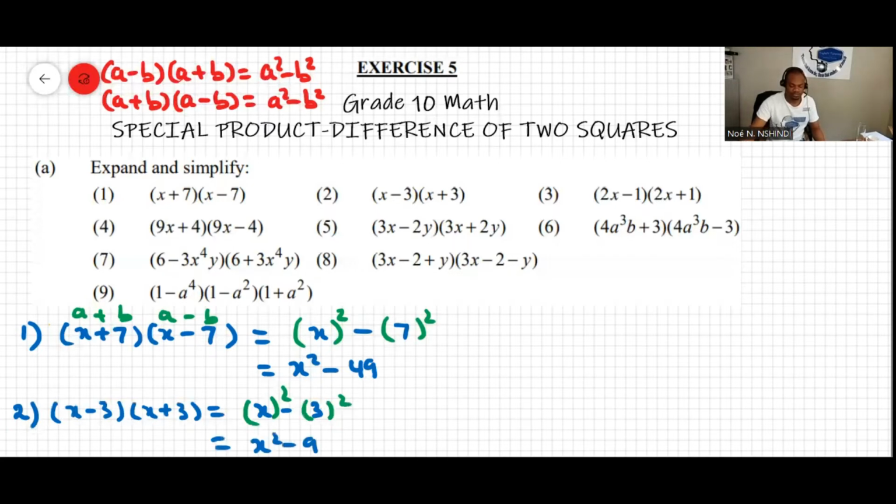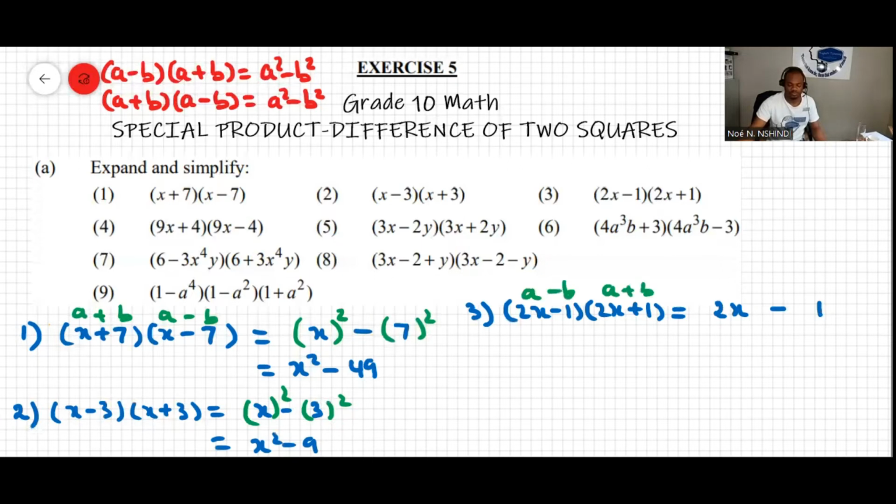Now let's take question 3. We have 2x minus 1 and 2x plus 1. Our A is 2x, not just x or just 2, but 2x, and B is 1.